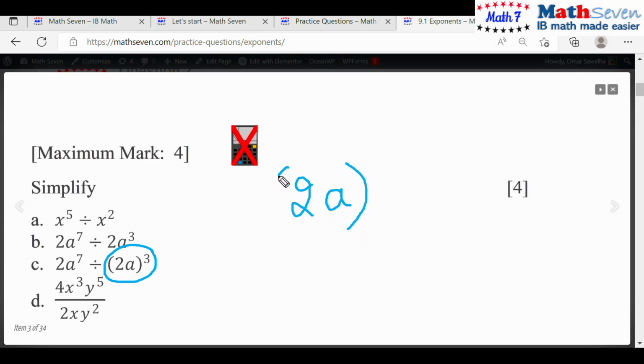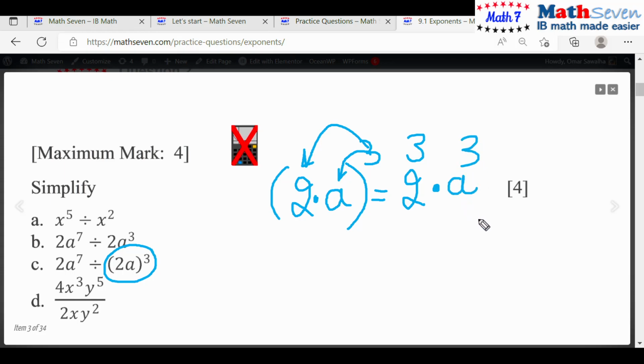Pay very careful attention. The 3 we can distribute among multiplication only. So if I have multiplication, I can write it as 2 to the power of 3 multiplied by a to the power of 3.